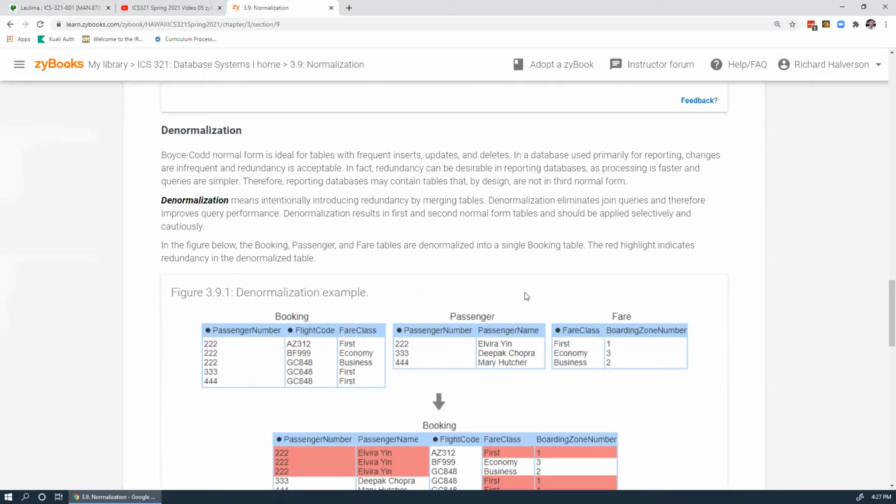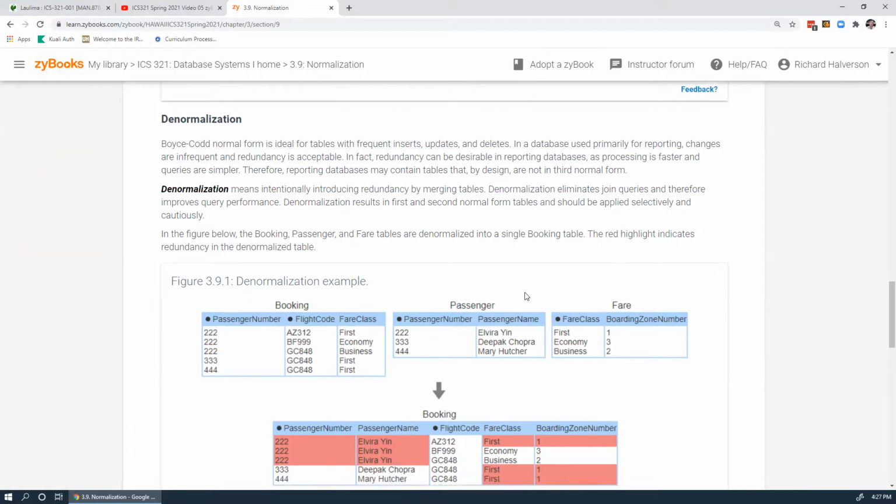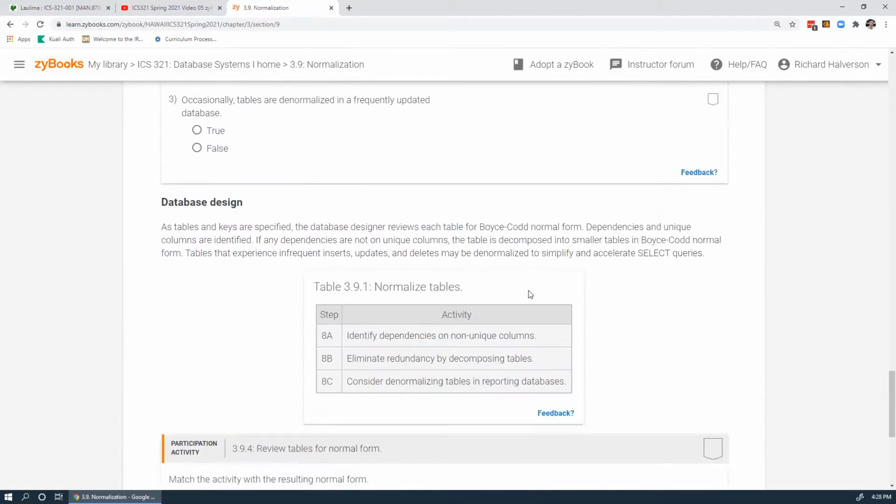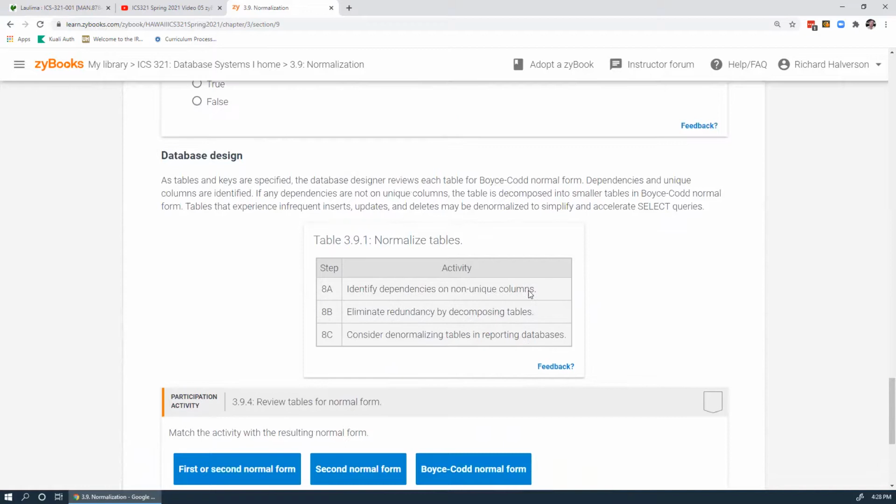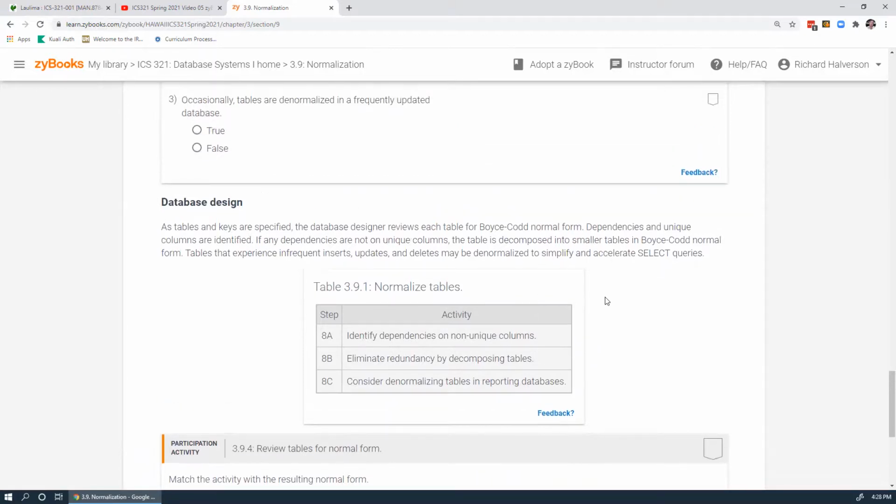And denormalization. Okay, they talk about denormalization. Sometimes it's a good idea to have a table around that's created already that is actually not Boyce-Codd. There's redundancy in there, and you may do something like that for efficiency reasons or to speed things up, where it really does take a long time to do that join.